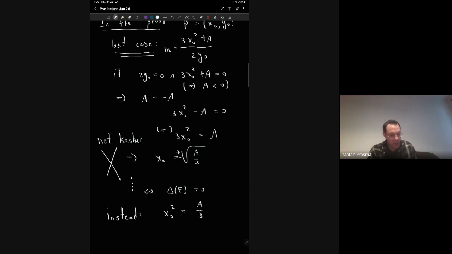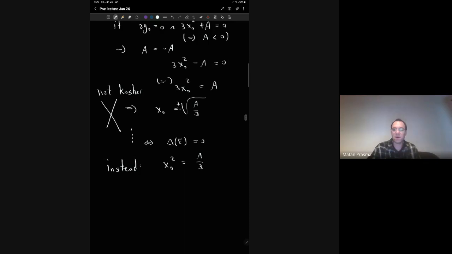By the way, a over 3 might also not be defined if we are in characteristic 3, right? Because in characteristic 3, 3 is 0, and I cannot divide by 0. But our assumption is that the characteristic of the field is always different from 2 or 3. So I can divide by 3.